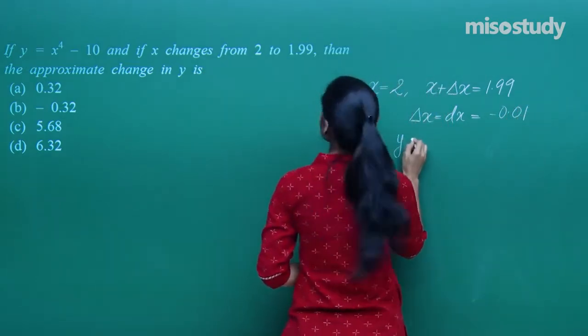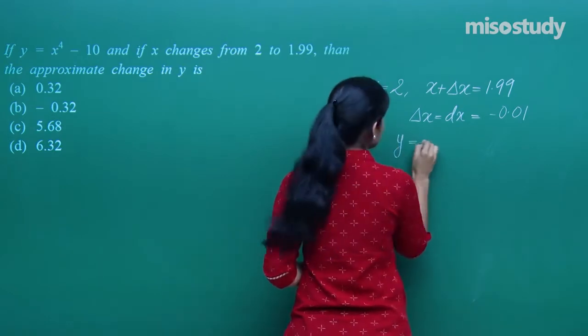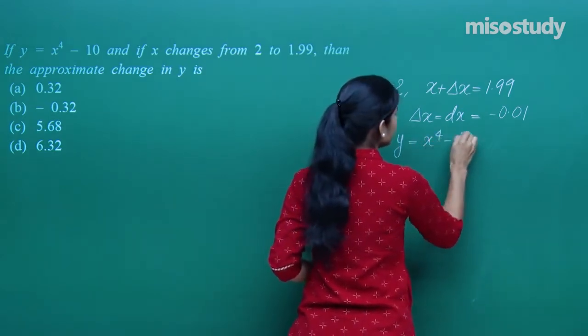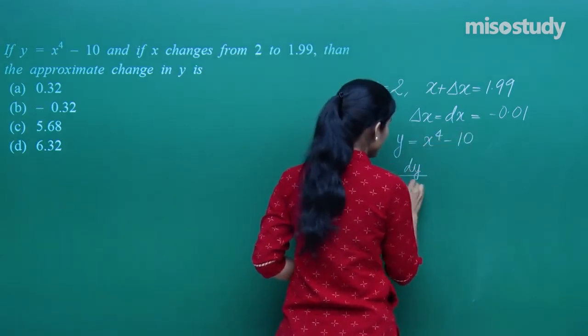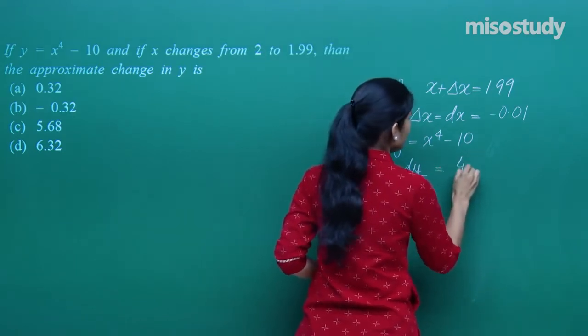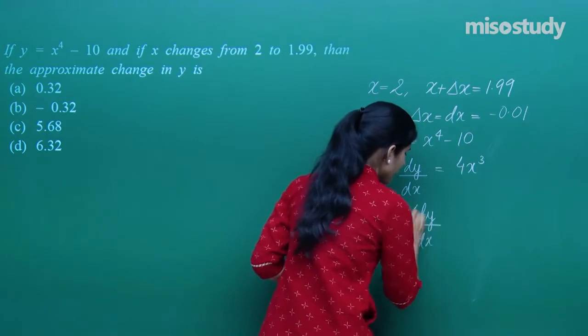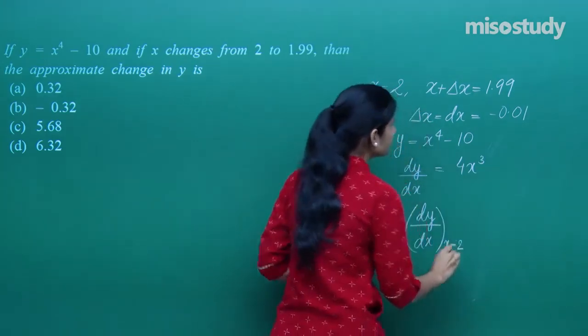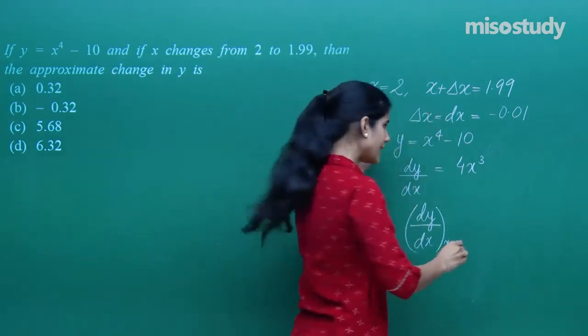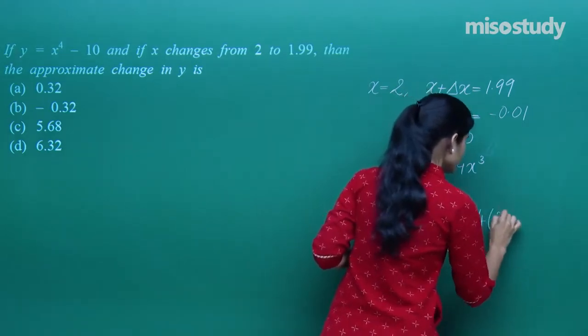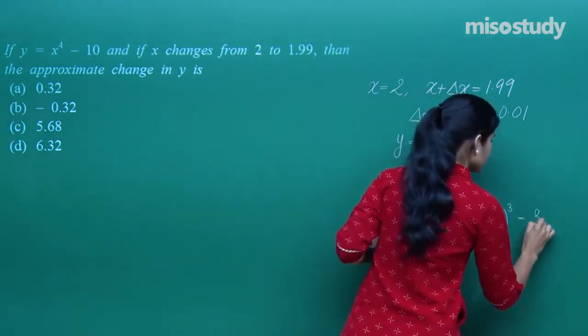Now y is given to you as what? It is given that y is x to the power 4 minus 10. So dy by dx is 4x cube. What is dy by dx at x equals 2? 4 into 2 cube, which is 32.